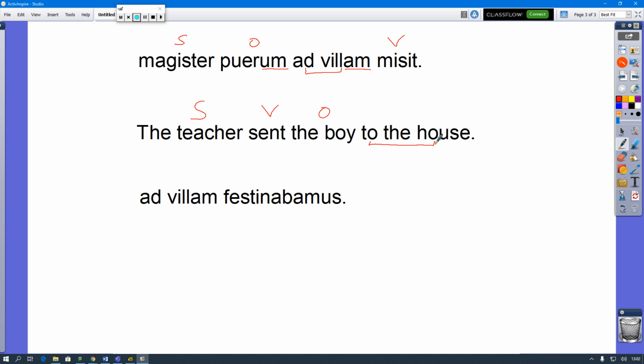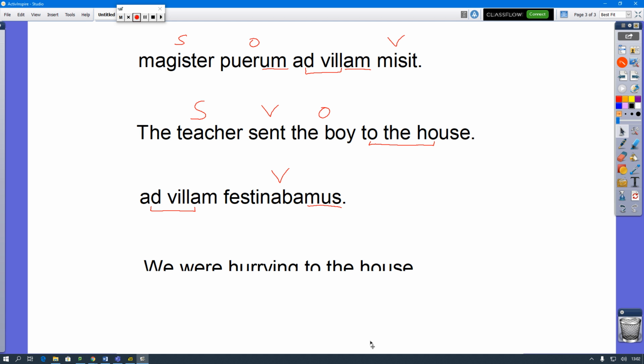In my second sentence, I have the preposition phrase at the beginning of the sentence. But the same rule applies. I shouldn't start the sentence with a preposition phrase. So I'm going to go straight for the verb. Festinabamus. It has a mus on the end, which I need to take notice of.